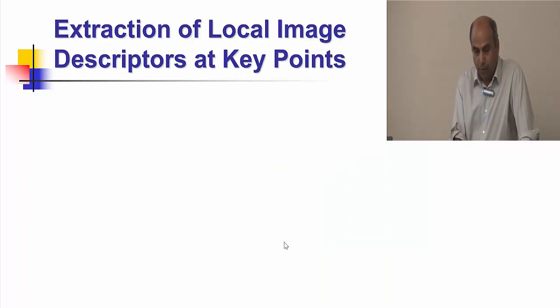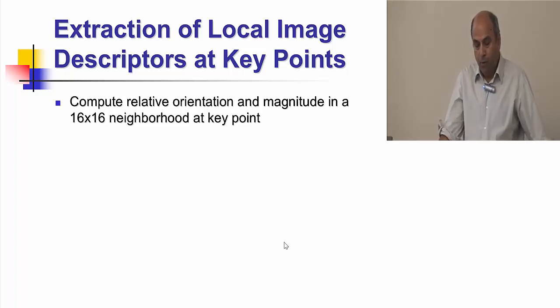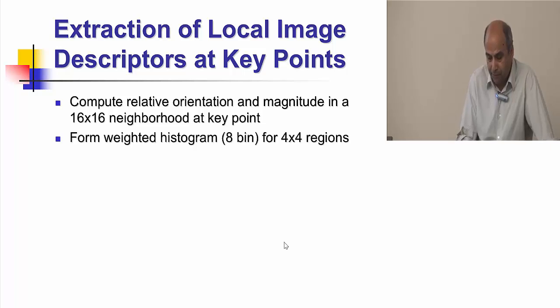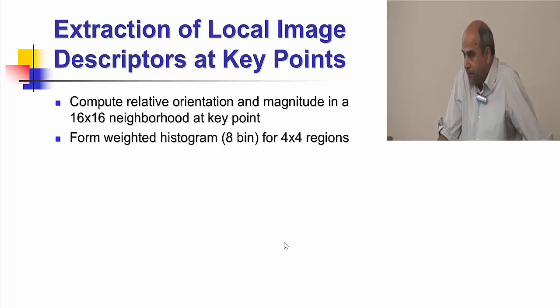Okay, so now how are we going to find this descriptor? We are going to look at the 16 by 16 neighborhood around the interest point, and we will compute the orientation and magnitude. Then we will generate the weighted histogram, very similar to when we were finding the orientation of the interest point. Here we'll have 8 bins instead of 36 bins.